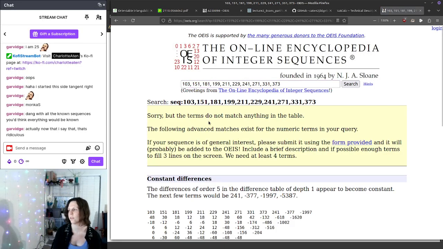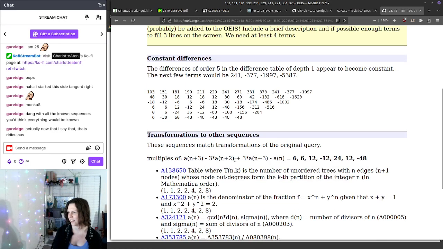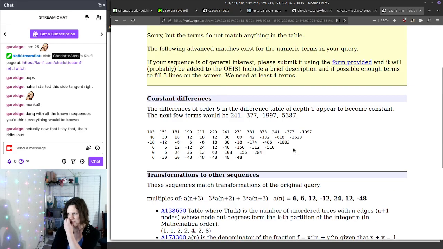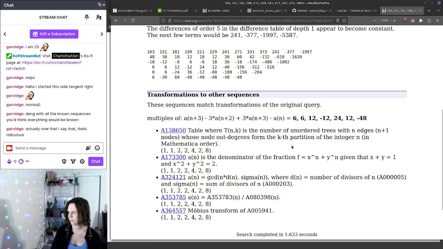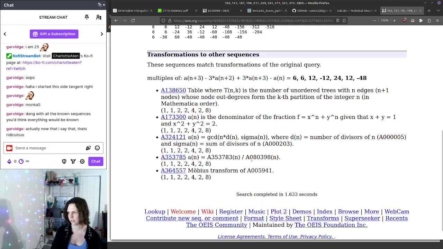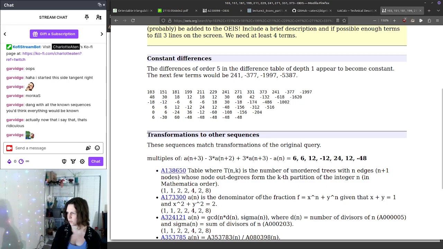Nope, it's nothing. Okay, none of these are that closely related. All right, whatever. I don't think any of these are really super thrilling.